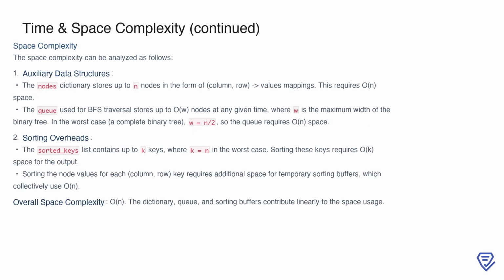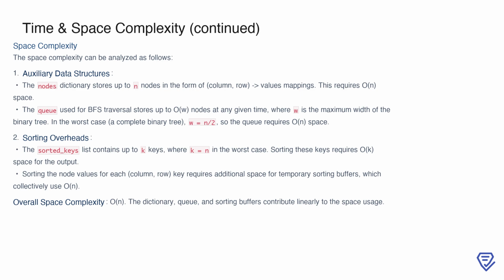For space complexity, we start with the auxiliary data structures used. The node's dictionary stores mappings of up to n nodes in the form of column, row pairs to their respective values, which requires n space. Additionally, the queue used during the BFS traversal holds up to w nodes at any given time, where w is the maximum width of the binary tree. In a complete binary tree, this width could be as large as n/2, so the queue also requires n space.